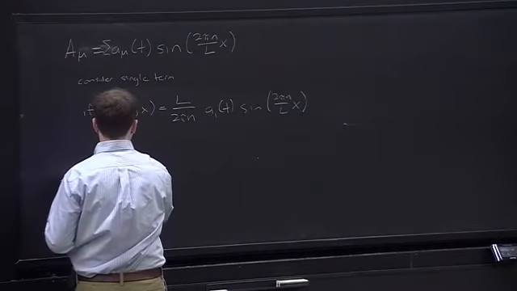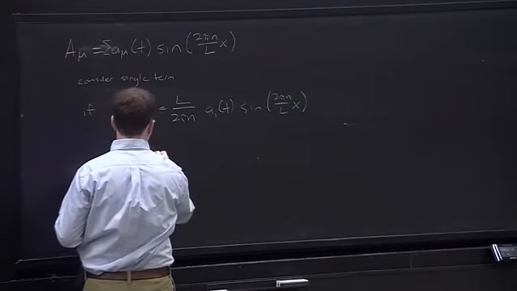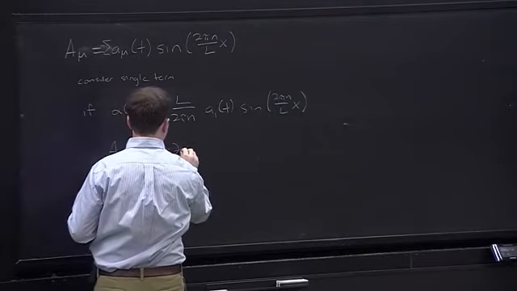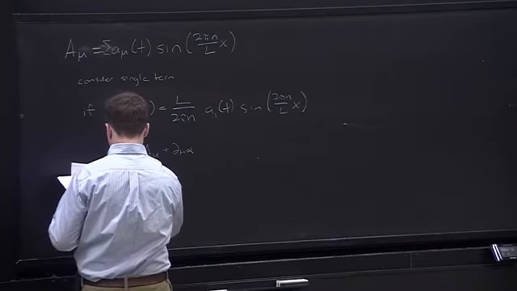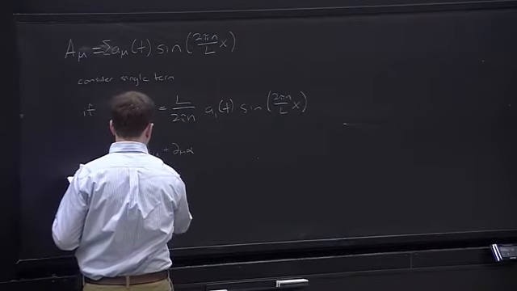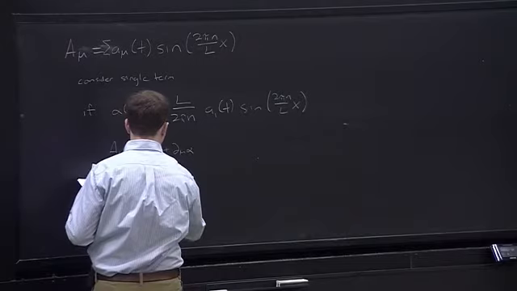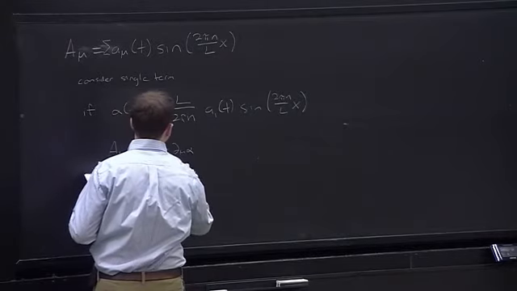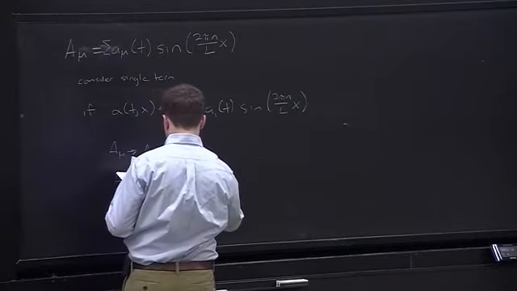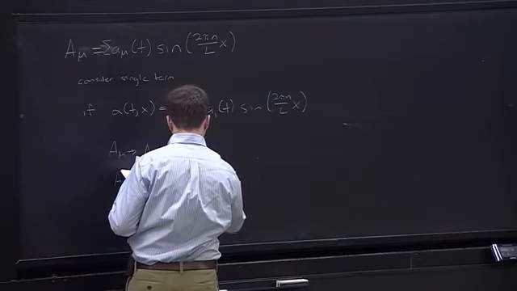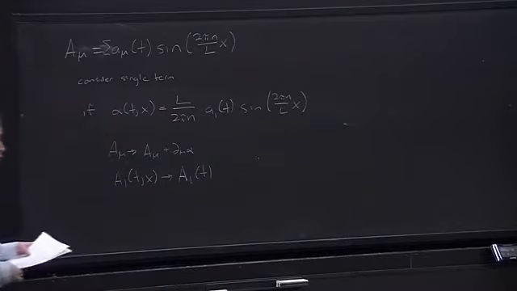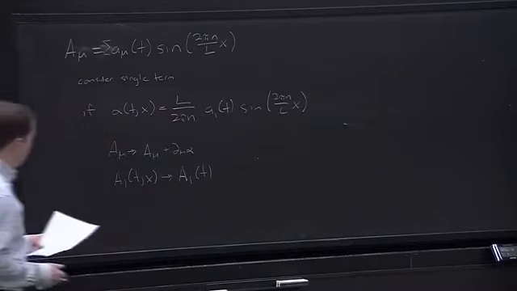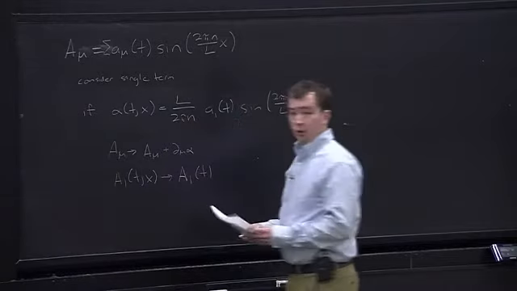Then A_mu goes to A_mu plus d_mu alpha. That lets us set A1(t, x) to be some function of time only. So through a gauge transformation, we can make the spatial component depend only on time.